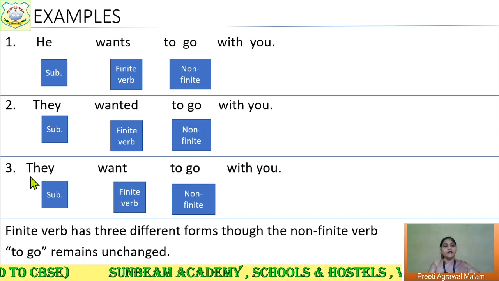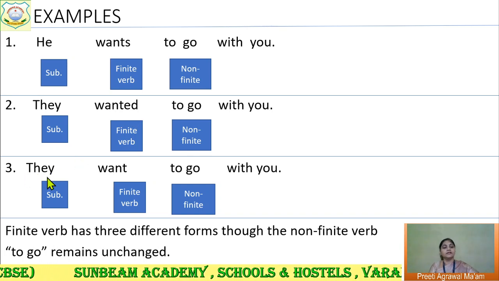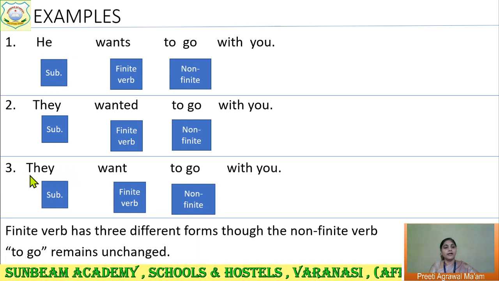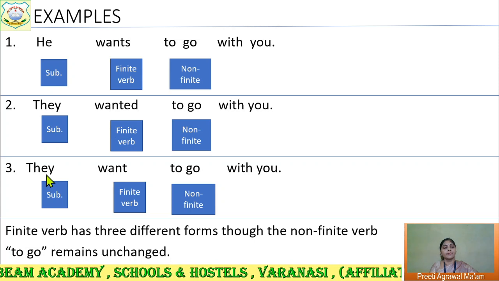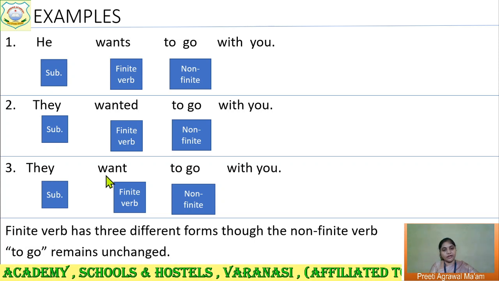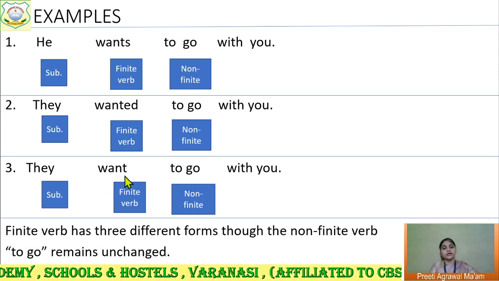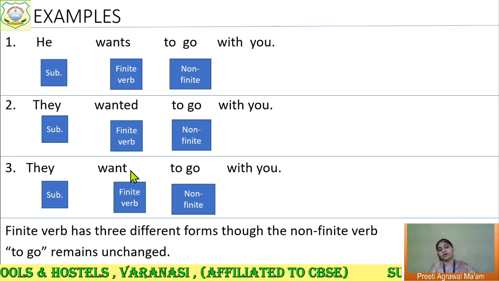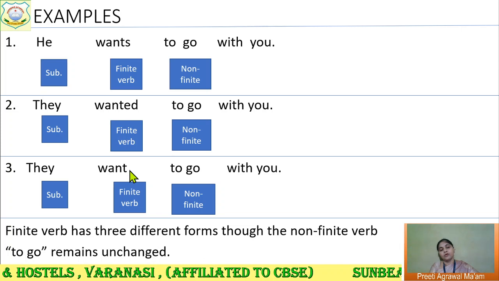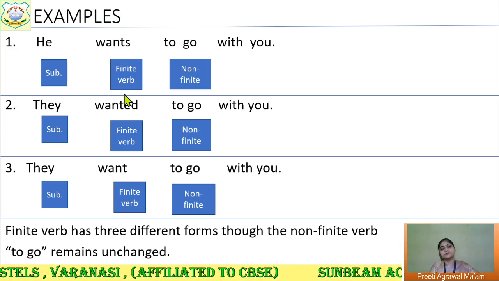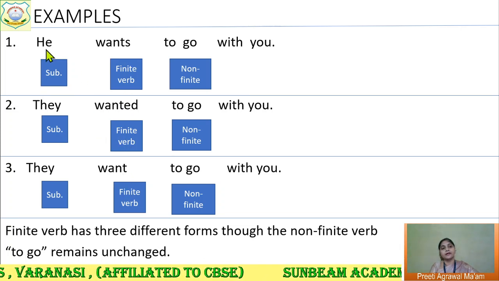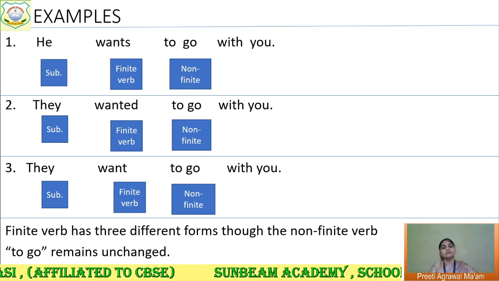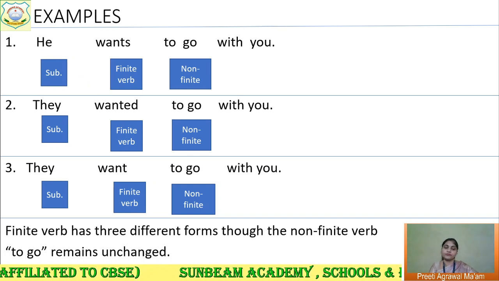In the same way, in the third sentence, they is third person, but plural number. And that's why I have used here only the finite verb want. There is no S. I cannot add S here. So finite verbs are affected by the number, by the person, and by the tense also.